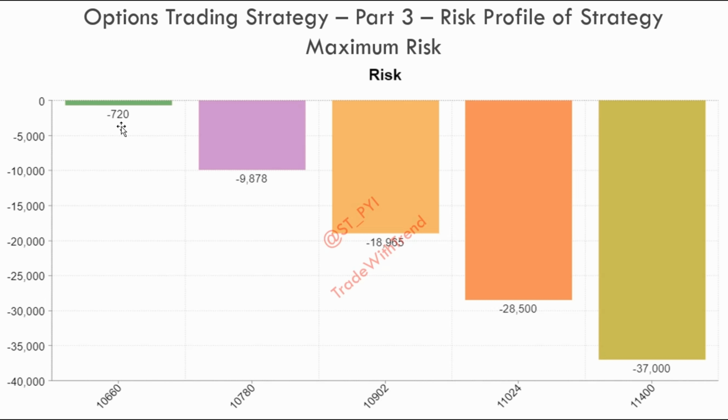So if Nifty expires above 10,650, which was the break-even point, your net loss is 720 per lot. If Nifty expires at 10,780, your net loss is 9,900 per lot. If Nifty expires at 10,900, your net loss is 18,900 per lot. Let me not go to 11,000 and 11,400 because I've just put those out for illustrative purposes.